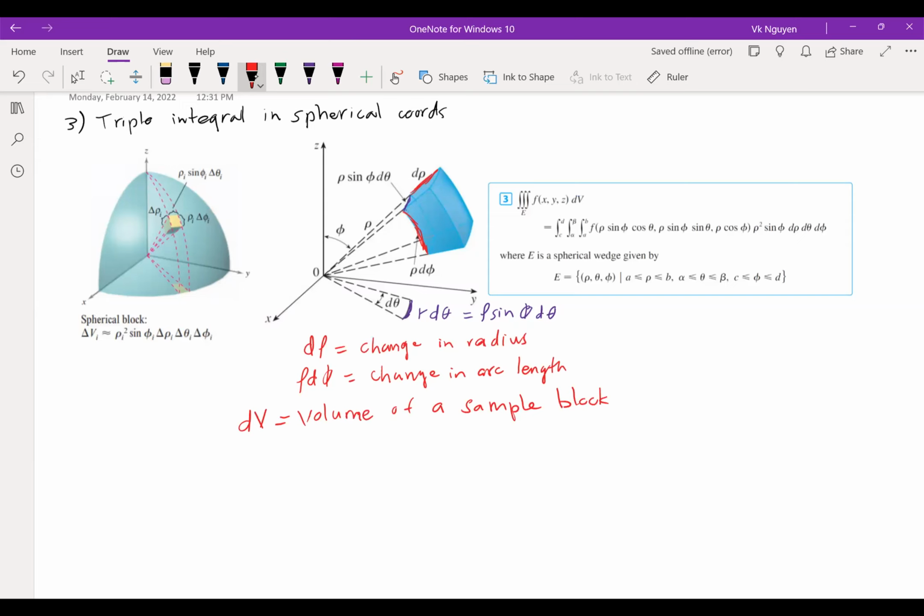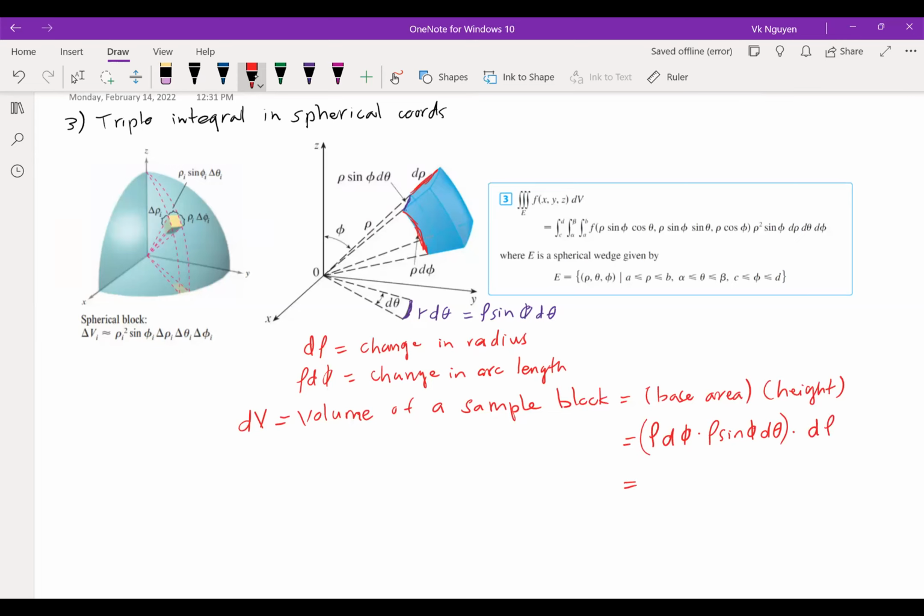dV of a sample block is going to be base area times height. Base area is the rho d phi multiplied by rho sine phi d theta, and then the height here is d rho.